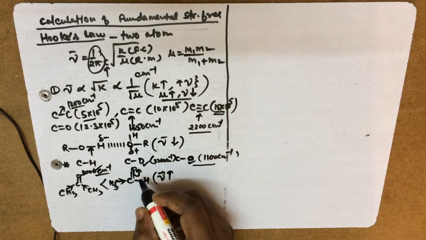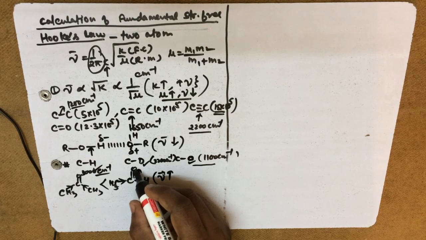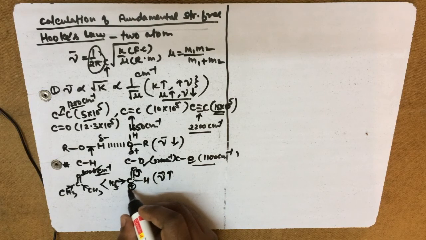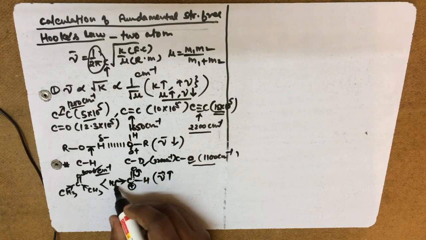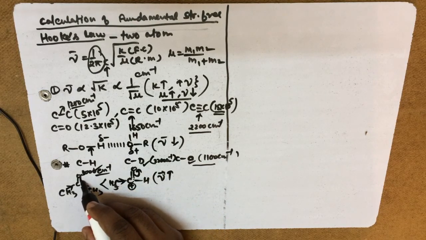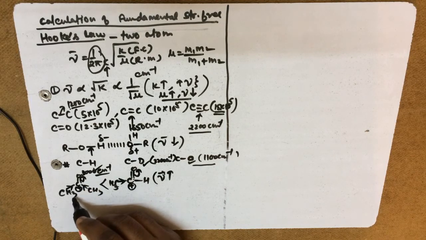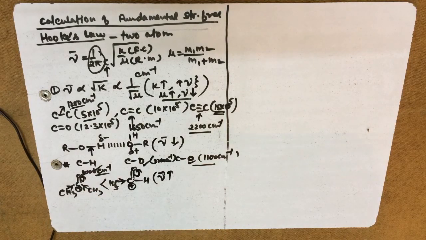So if we move the bond electrons from this side to this side, positive charge develops. Here the positive charge is neutralized by this methyl group, but there the positive charge is neutralized by the two methyl groups. That's why the stretching frequency for this case is lower than that of aldehydes. Okay, right?